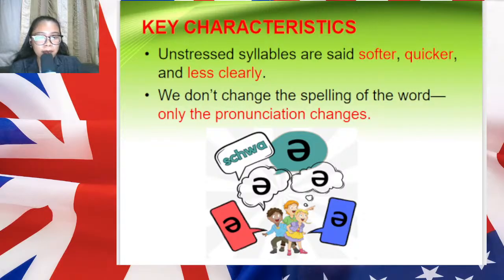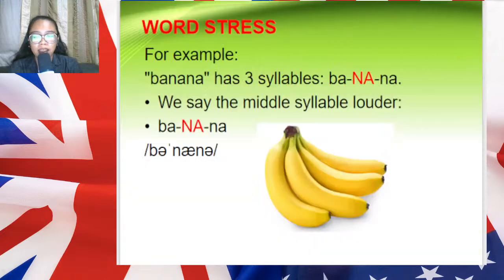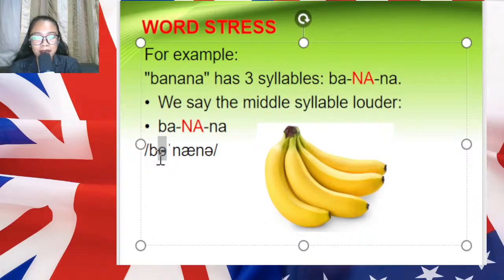For example, let's try the one we had earlier, the word banana. Let me go back to that slide because I provided the IPA transcription of that one, right? As you can see, what's the IPA symbol of a schwa sound? It's an upside down E, and there's an upside down E on the first syllable as well as on the third syllable, the last sound even.